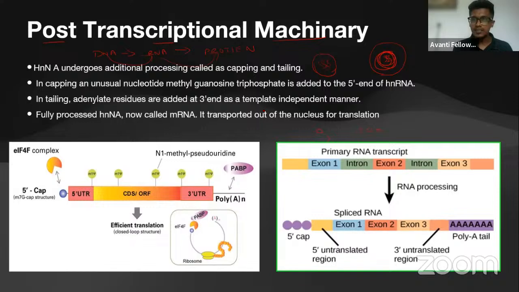Even RNA is a genetic material, right? So an unknown RNA coming inside, an unknown DNA sequence coming inside or going out, this is quite prohibited, or it is not allowed because of the presence of the nuclear membrane. You get my point? So this is the first reason.